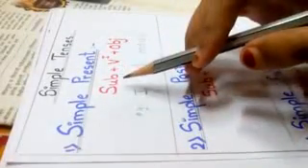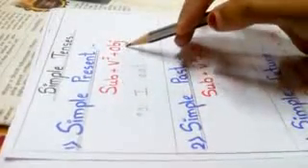Okay, so we will revise it again from the very first basic. As we all know, there are 12 types of tenses. The first type is simple present tense. The formula for simple present tense is subject plus V1 plus object. Next, for simple past tense, subject plus V2 plus object.